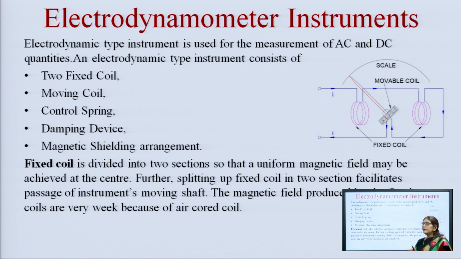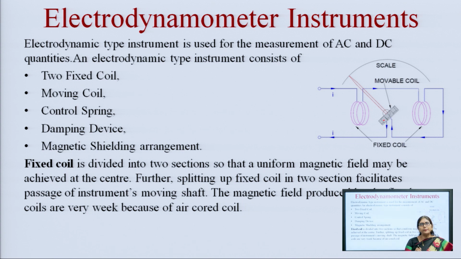The fixed coil is divided into two sections so that it can generate a uniform magnetic field. Further, splitting the fixed coil into two sections facilitates passage of the moving part in between them. The magnetic field produced by the fixed coil is very weak because it is an air cored coil.